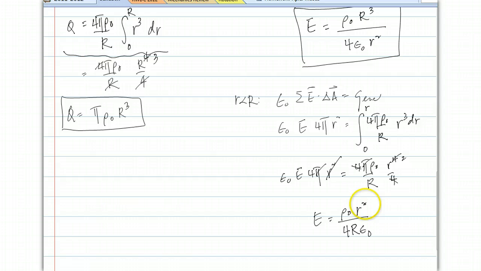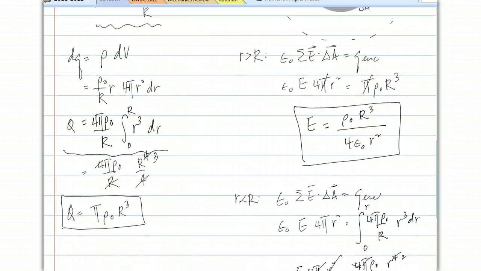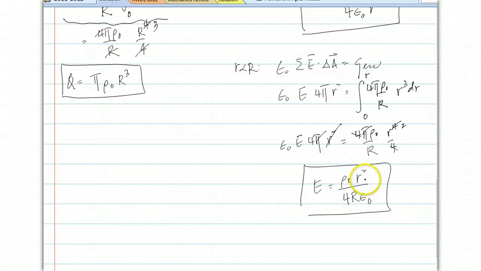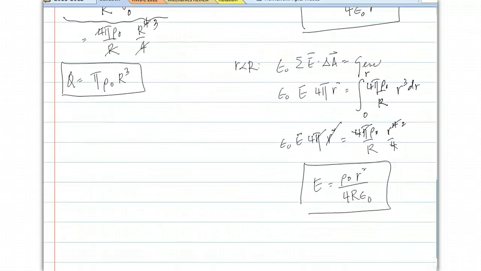Dimensionally correct. I need an R in the denominator, and that gives me r squared in the numerator, so this is dimensionally correct. So we have an electric field, in this case, that increases for r less than big R as r squared, and then decreases outside. Okay.